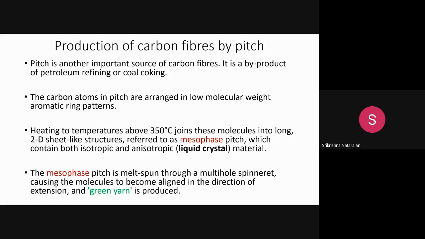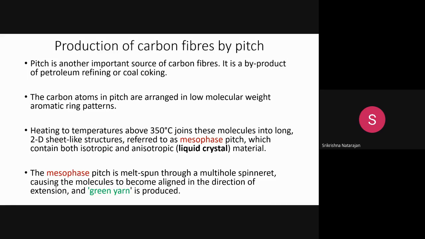Here, this pitch, you will heat to certain temperatures like 350 degrees centigrade, and what will happen is you will get some two-dimensional structures, which are actually in the form of a liquid crystal. If you recall the aramid fibers that we discussed, it will have both the solid nature and the liquid nature.